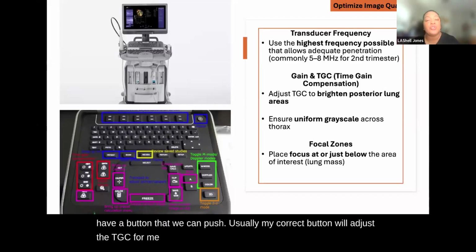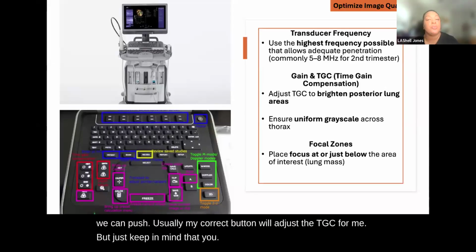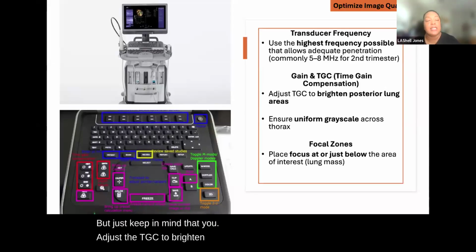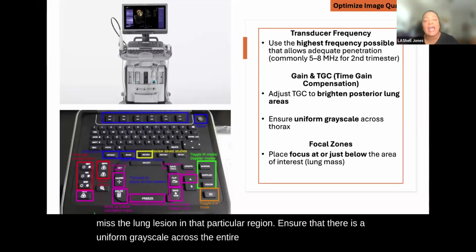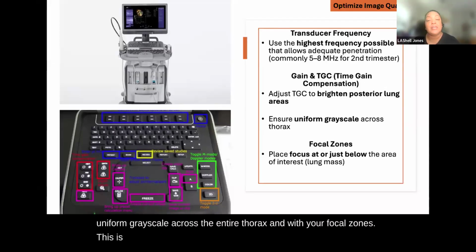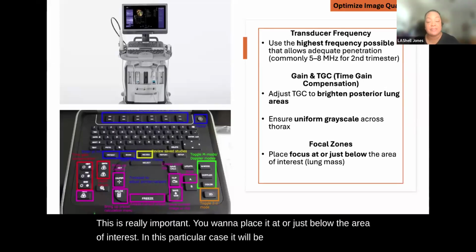But just keep in mind that you want to adjust the TGC to brighten the posterior lung area because you can miss the lung lesion in that particular region. Ensure that there is a uniform grayscale across the entire thorax. And with your focal zones, this is really important. You want to place it at or just below the area of interest. In this particular case, it will be your lung mass.